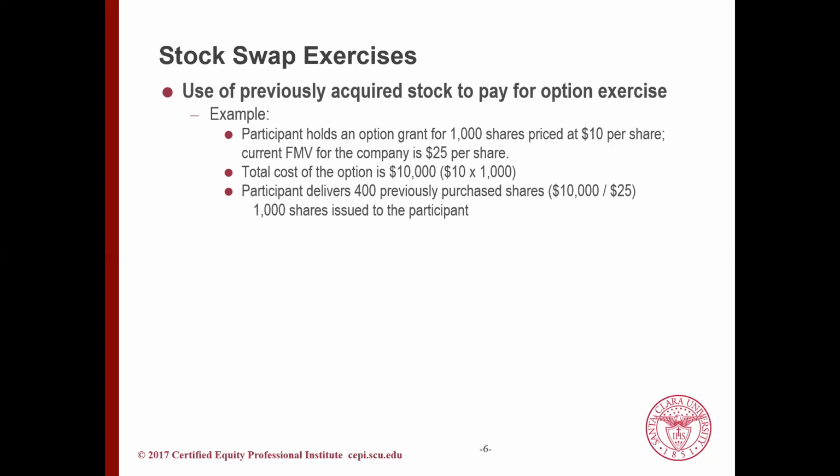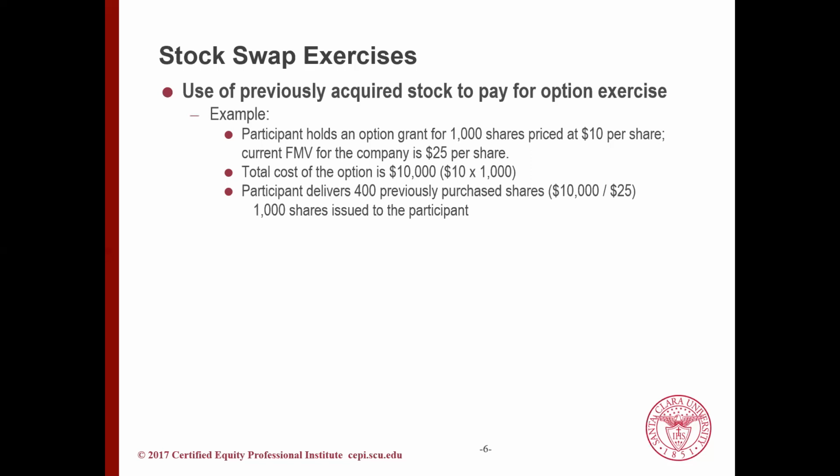So let's start with the example. And note, our examples are completely ignoring the fact that there is a tax implication as well. A participant holds an option grant for 1,000 shares. The option price is $10 per share. Current fair market value is $25 per share. So the cost of the shares is $10,000, but the participant will say, okay, how many shares do I need to pay the company $10,000?